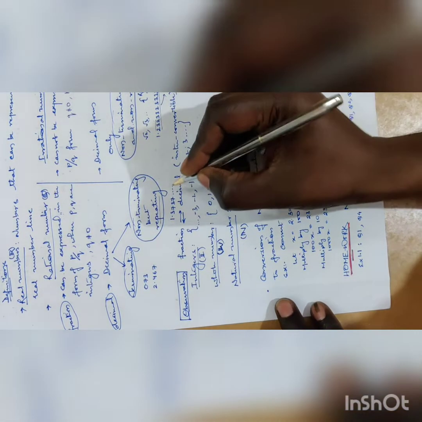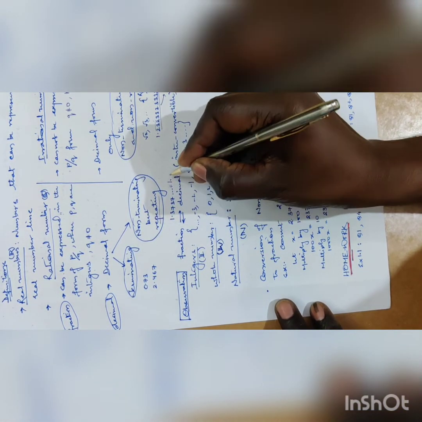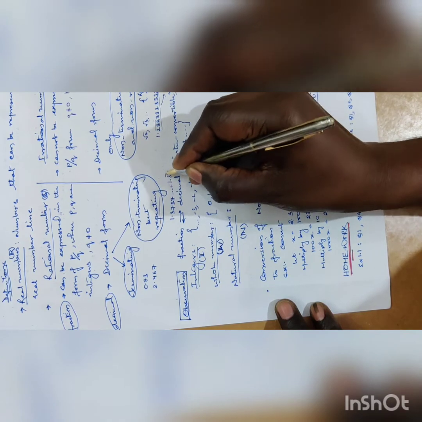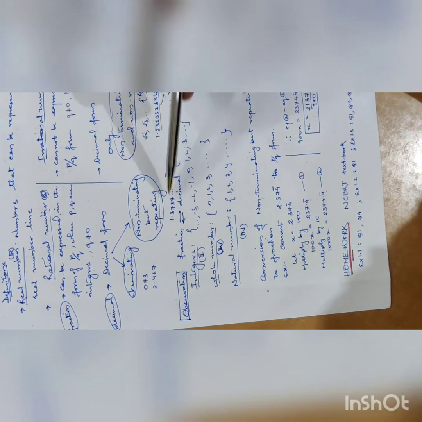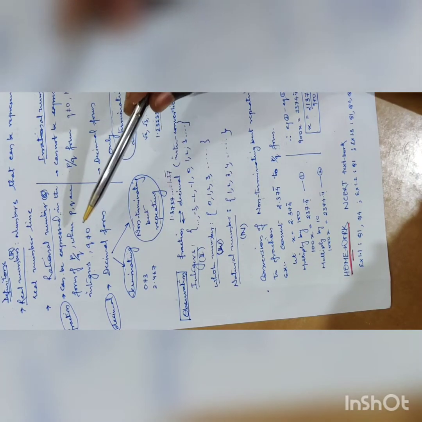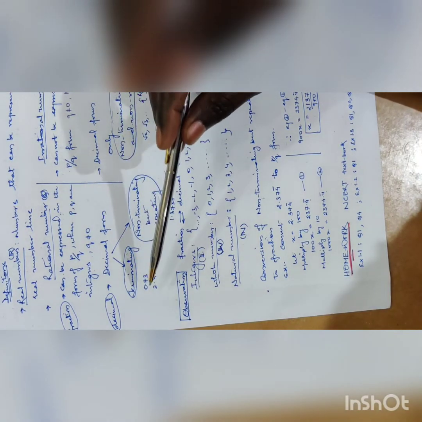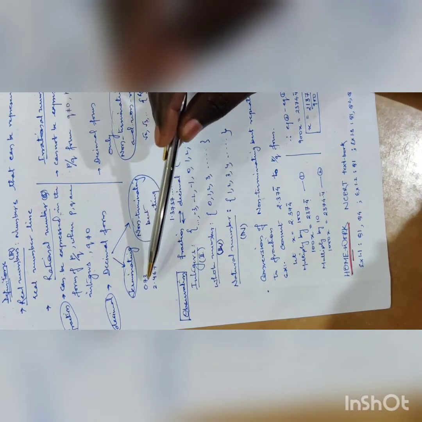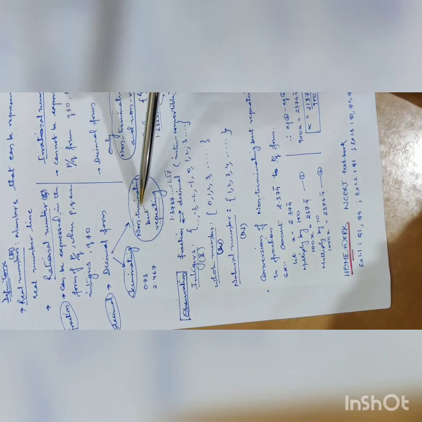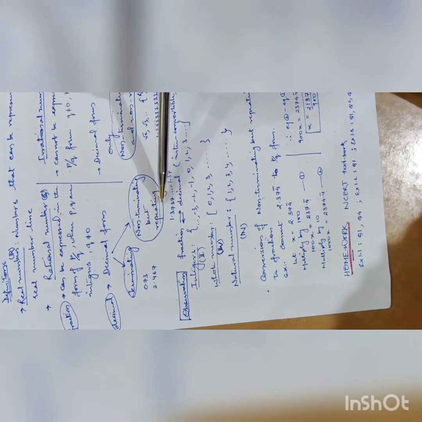Sometimes we represent this as 1.37 bar also, right? So these kinds of numbers are also rational numbers. So the decimal expansions of rational numbers can be either terminating or non-terminating but repeating.